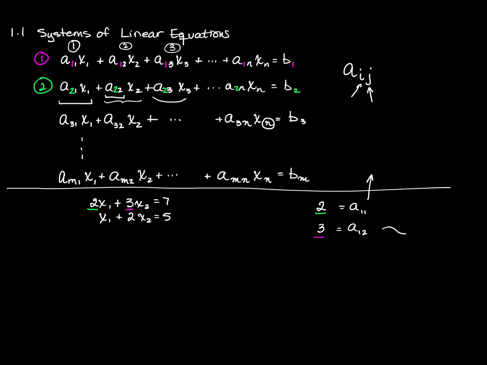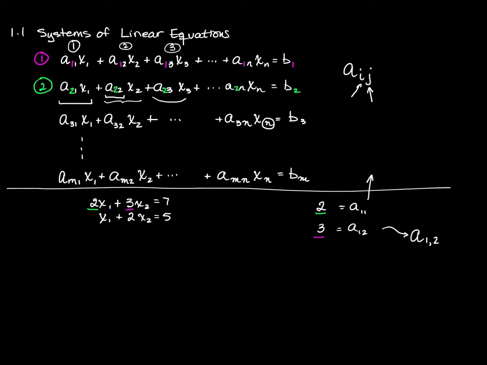Occasionally, rarely, but occasionally, you'll see these annotated as a sub 1 comma 2, and that's to distinguish the subscript 1, 2 from 12. It's not subscript 12, it's first equation, second term, or row 1, column 2, as opposed to the 12th of something.